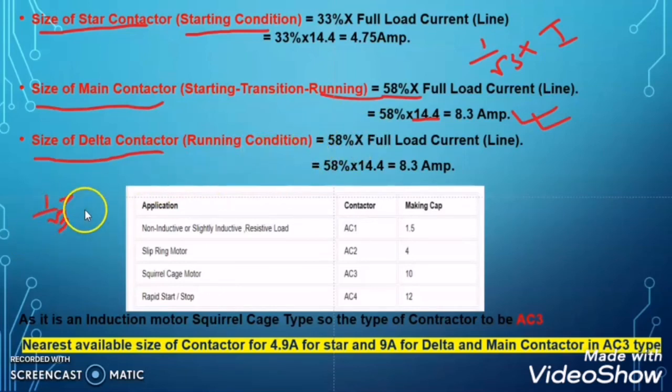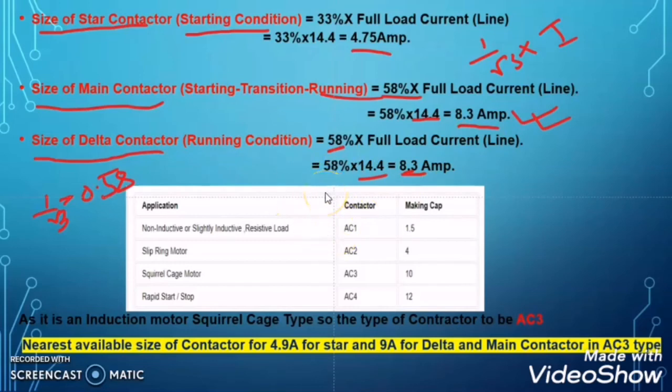Full load current is 14.4, so it will come to 8.3 ampere. So the star contactor rating is 4.75 ampere, the main contactor rating is 8.3 ampere and the delta contactor rating is 8.3 ampere.